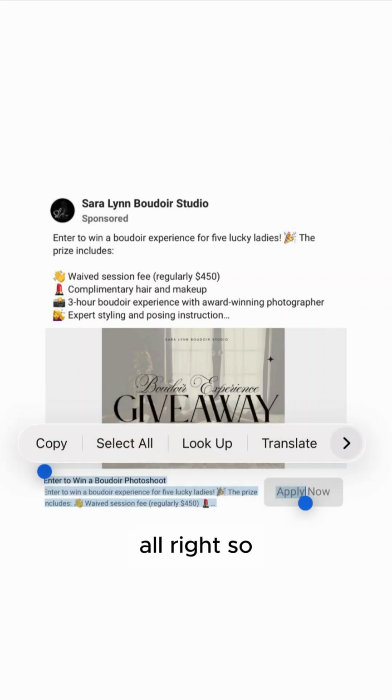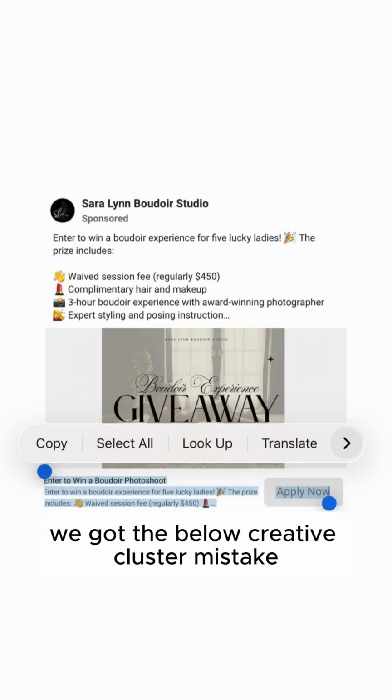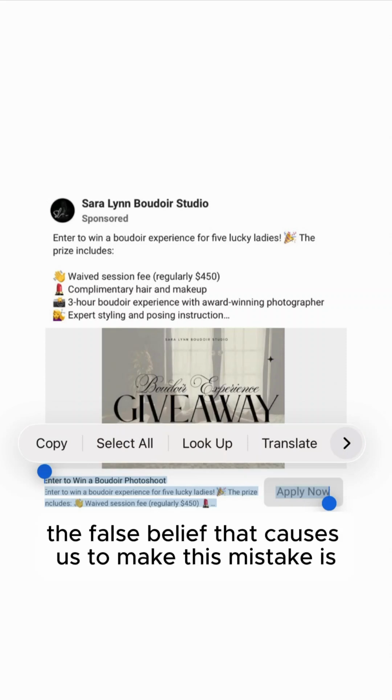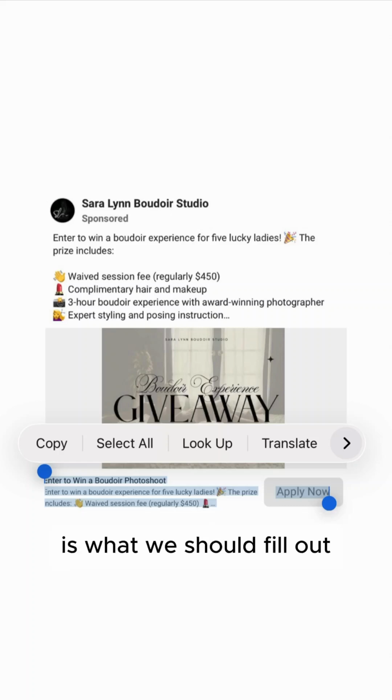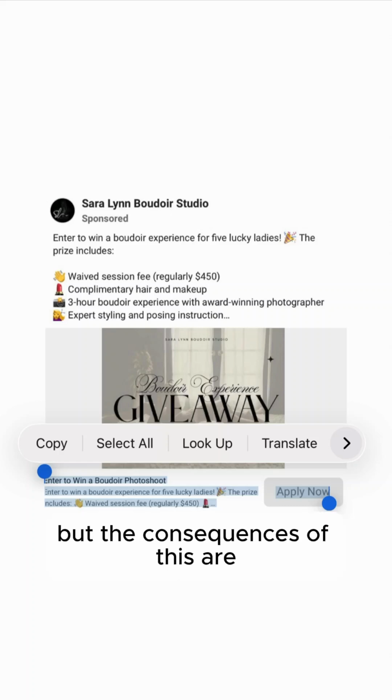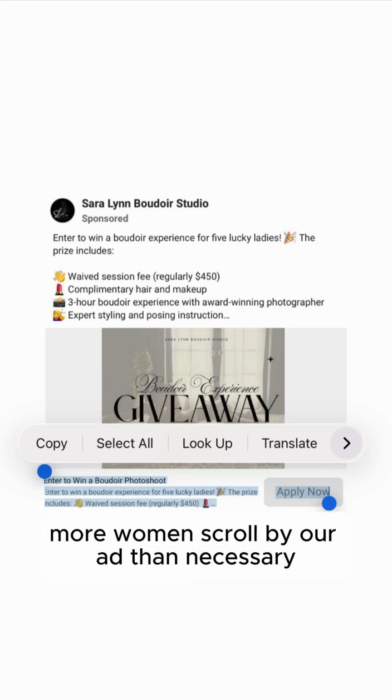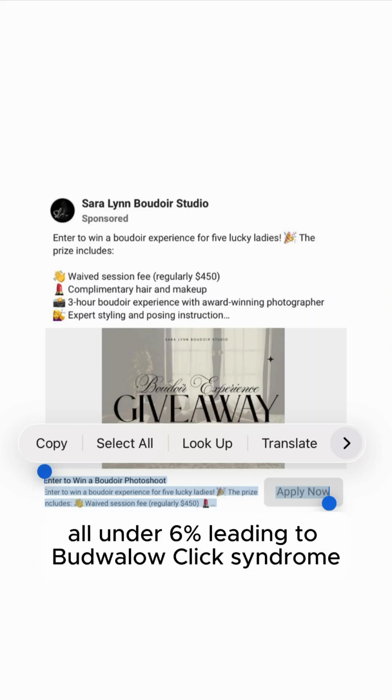All right, so what we see right here, we got the below creative cluster mistake. The false belief that caused us to make this mistake is we are trusting that what Facebook tells us to fill out is what we should fill out. But the consequences of this are more women scroll by our ad than necessary, pulling unique CTR under 6%, leading to Boudoir low click syndrome.